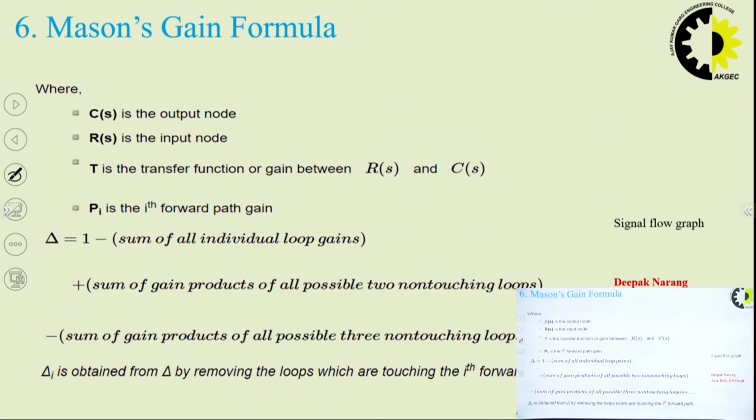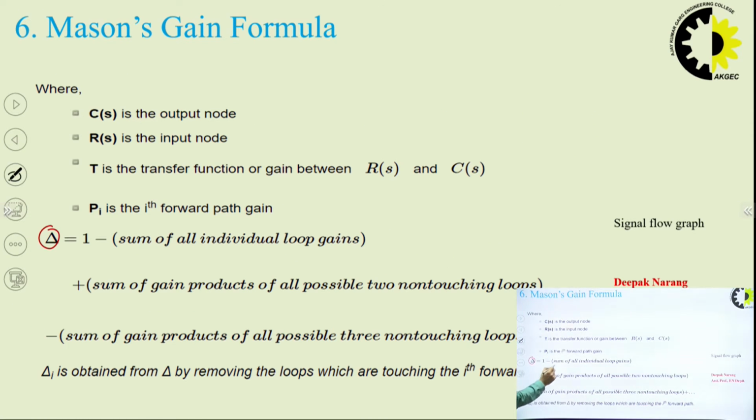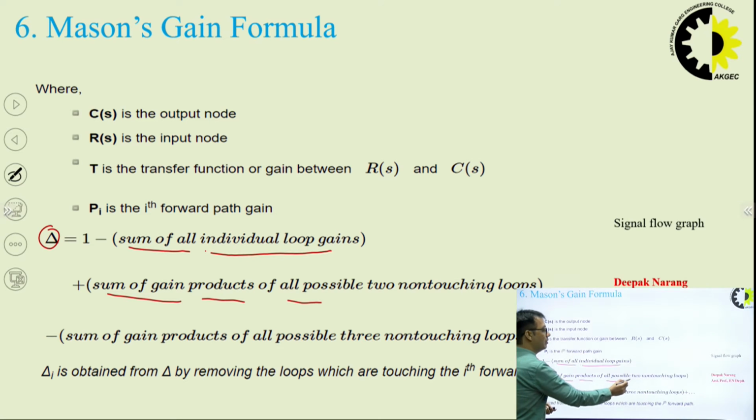So here we can see this part delta is found as 1 minus the sum of all the individual loop gains. So first of all, we will find the loop gain of each individual loop, and they will be summed in this part, plus the sum of gain products of all the possible two non-touching loops.